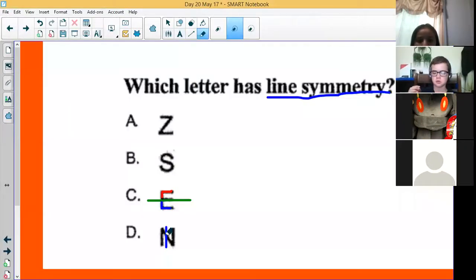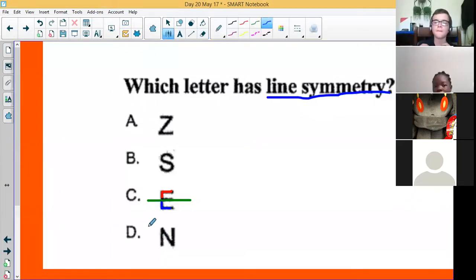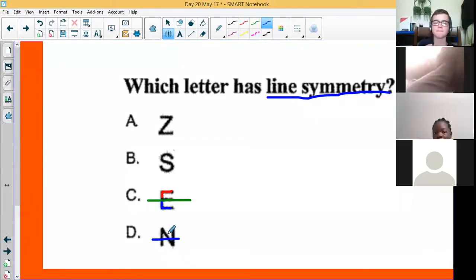Stay with me. I can see if you're focused or not, so make sure you're staying with me the entire time. I asked you to draw a line this way, and if it was symmetrical, and you came back and said no, it is not. So our answer for that one is truly letter C. You're exactly right, okay?